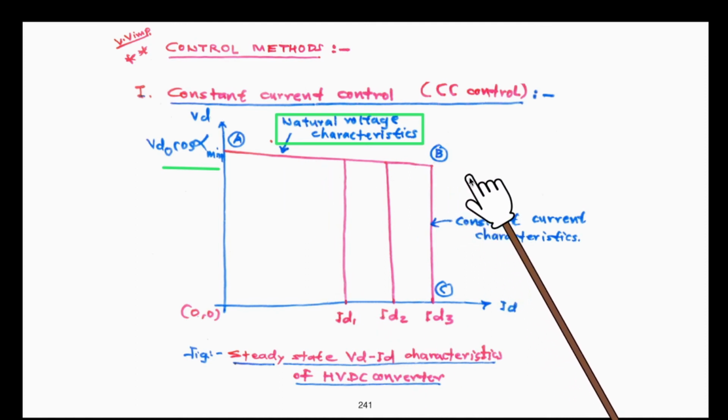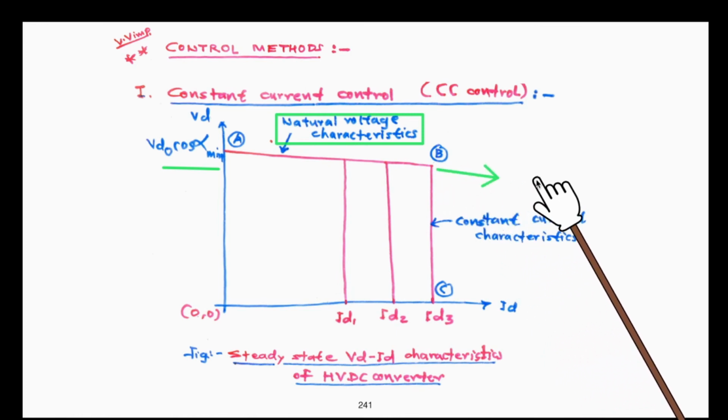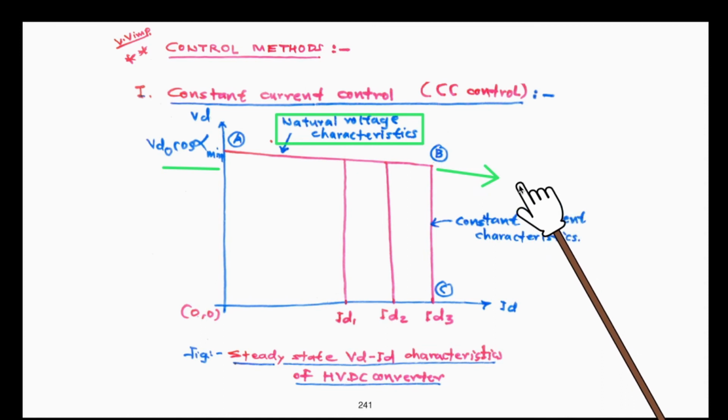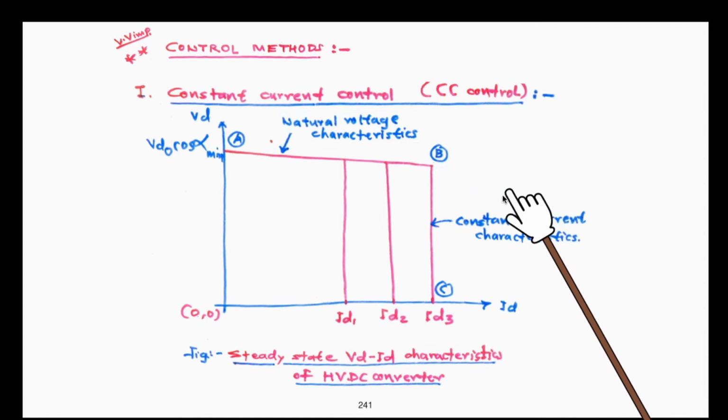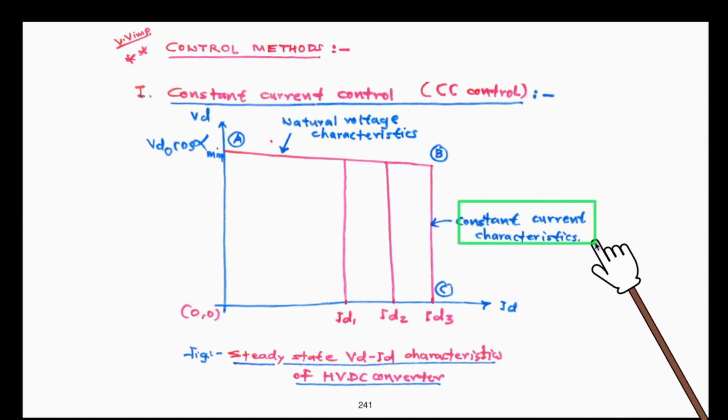We cannot allow current to increase here. So it is here that the constant current characteristic comes into the picture. Constant current control, constant current characteristics.